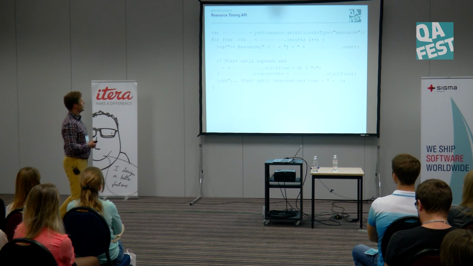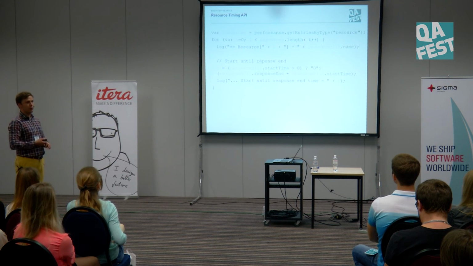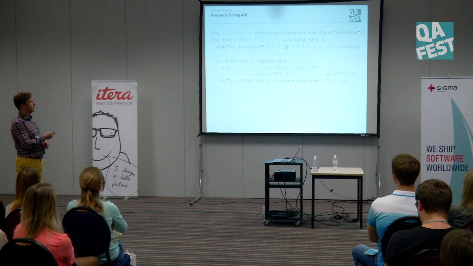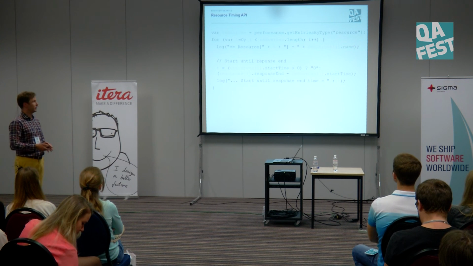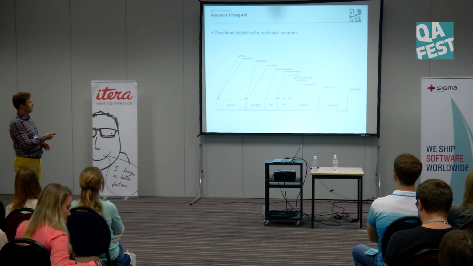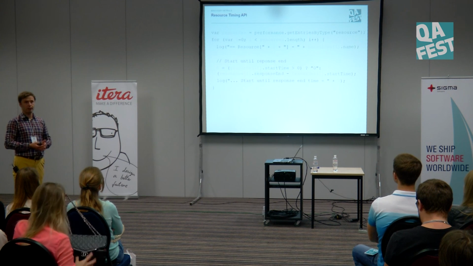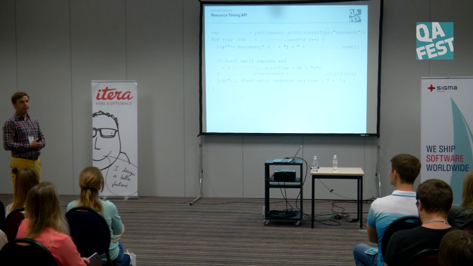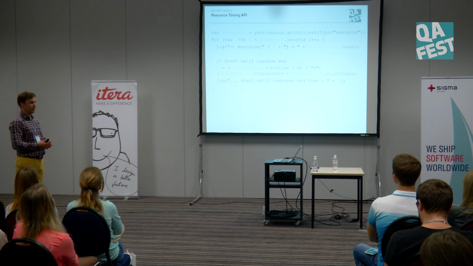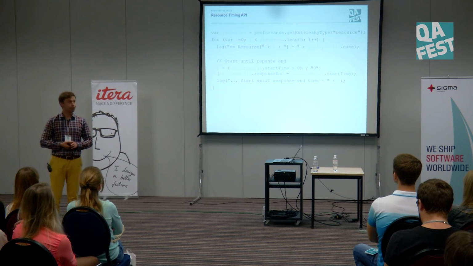And here is the way we can do this. Again, we use the performance object, we get entries by type, we use the resource type, and then we can iterate over all resources that are on the website and get all the information that you can see here for each resource that was downloaded by our web browser. So that's the next step, and this can significantly improve the measurements that we can provide to our client.